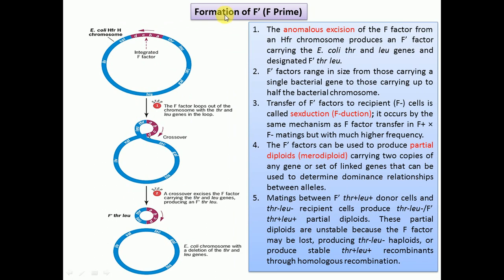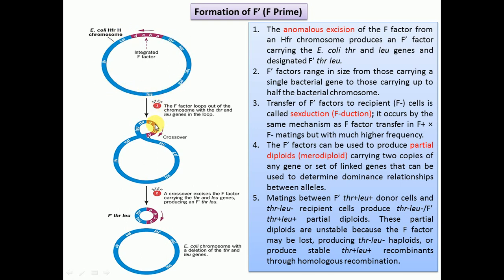Now we will talk about the formation of F prime in bacteria. This is caused by errorful or anomalous excision of the F factor from an HFR chromosome that produces the F prime factor that carries the E. coli genes. Here you can see this is the F factor with the A, B, C, D genes, and this is the bacterial chromosome in blue color.